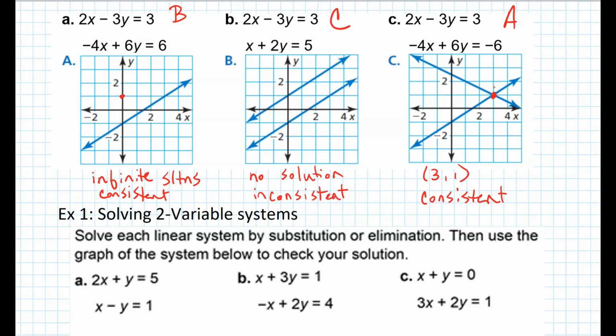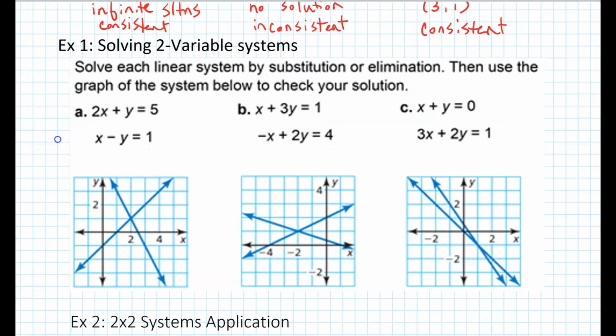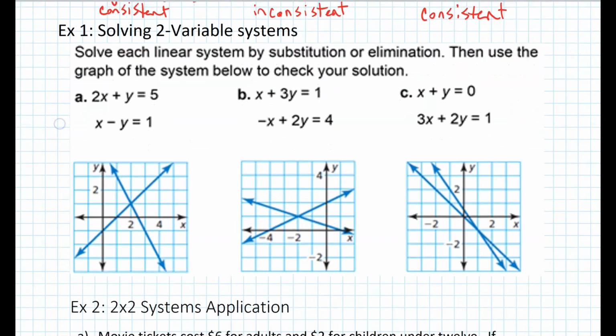Okay, so if you recall, there's a couple different ways to solve systems. For a two-variable system, you can graph, but you can also use substitution and elimination, because sometimes graphing takes a little bit long. So you always step back and look at the entire system to make a decision as to which method you want to use.